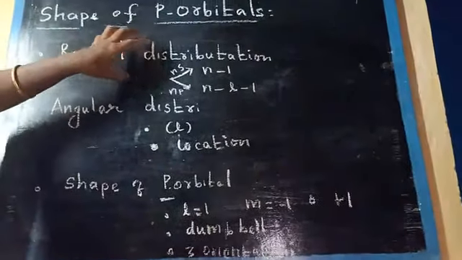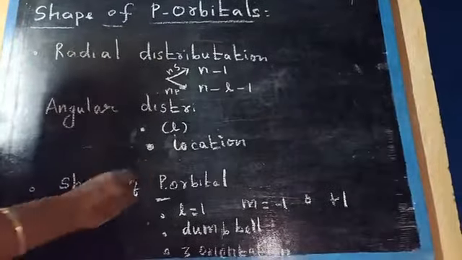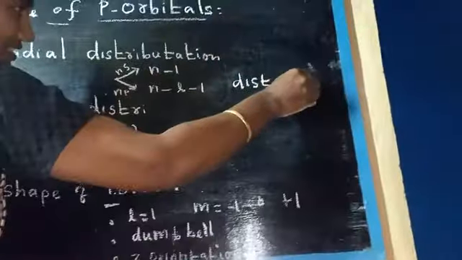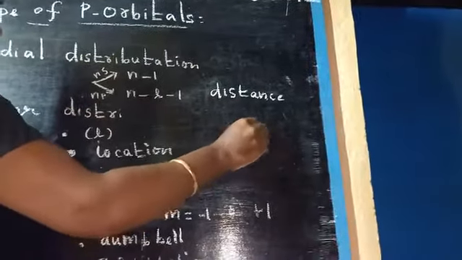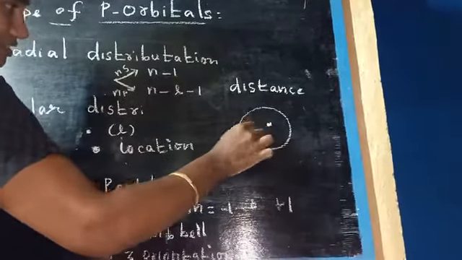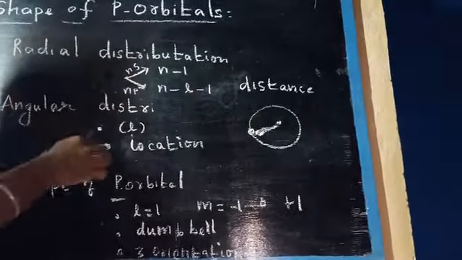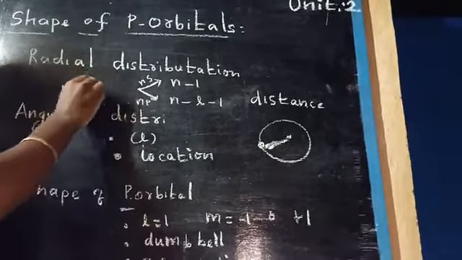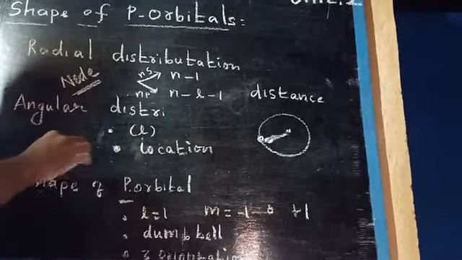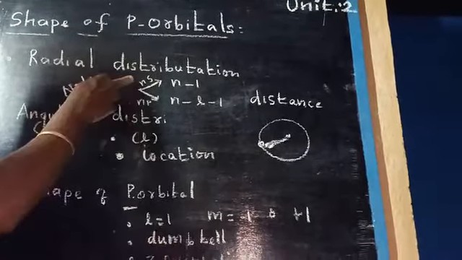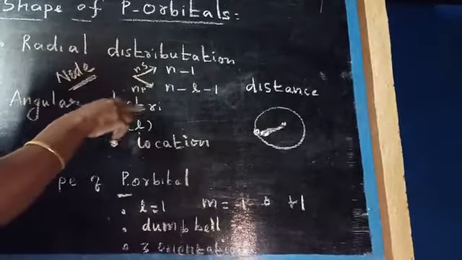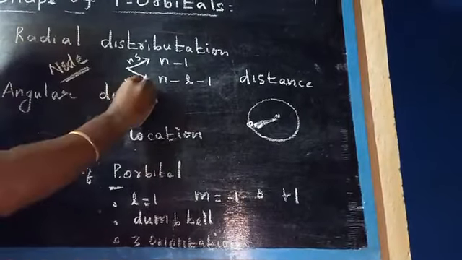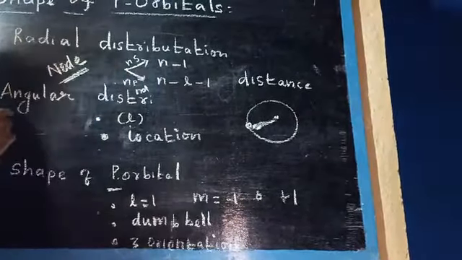Radial distribution talks about the distance, the distance of the electron from the nucleus. We calculate this distance, and another important concept is node calculation. A node means the electron is absent at that particular place. There is one formula for ns, and for np and nd use their formulas.